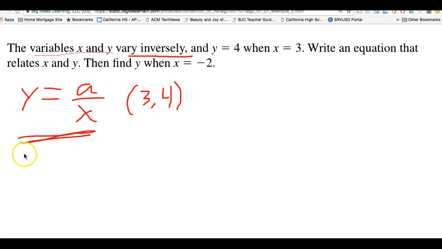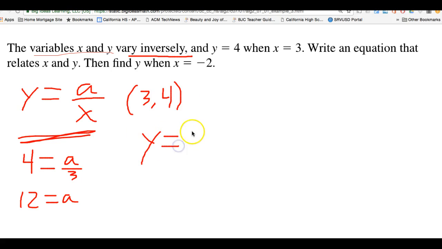So all we do is take our x and y values, 4 for y and 3 for x, and plug them in. Now we just solve for a, so we multiply both sides by 3, and we get 12 equals a. So for the first part, write an equation that relates x and y, we get y equals 12 over x.